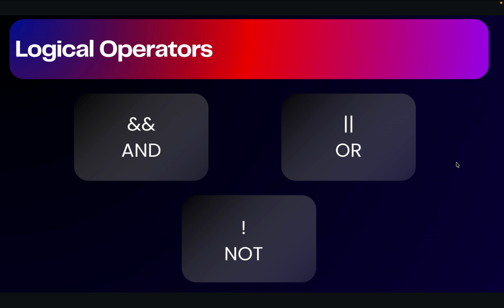And is represented by two ampersand symbols, or is depicted by two of the straight line symbols, and then you also have the exclamation point for not. You can use these logical operators very much like your comparison operators.